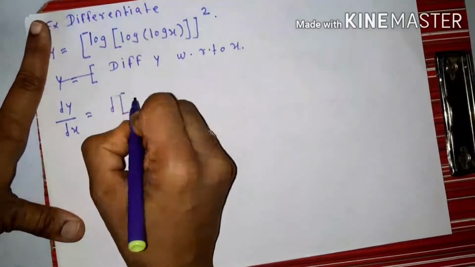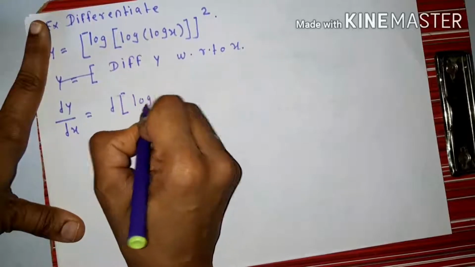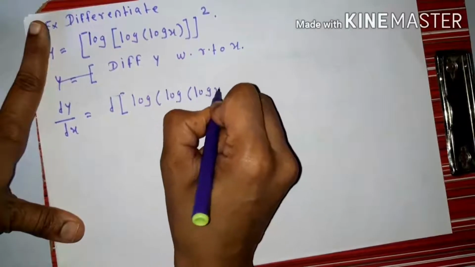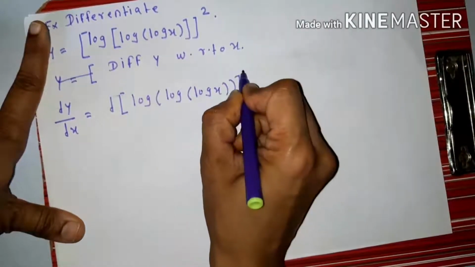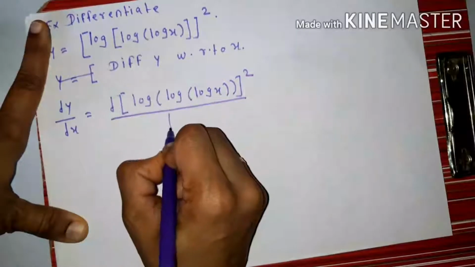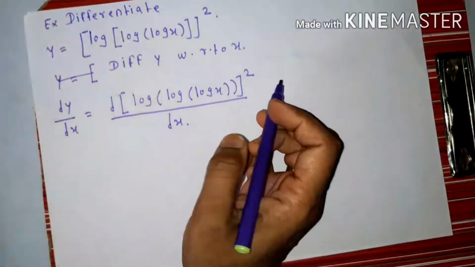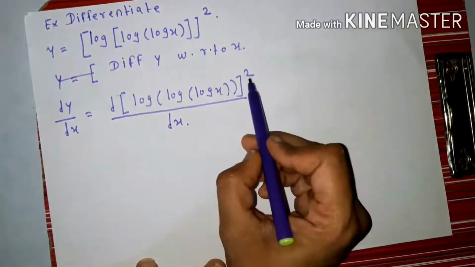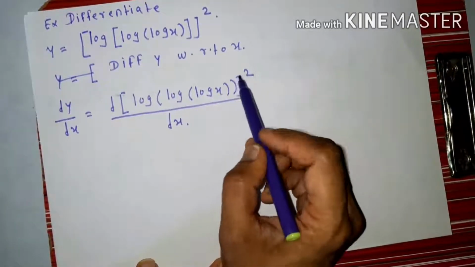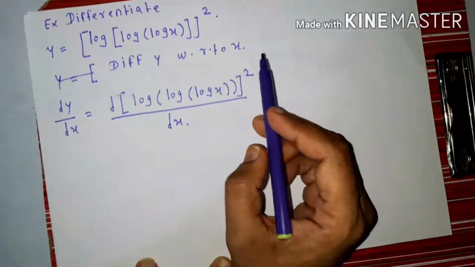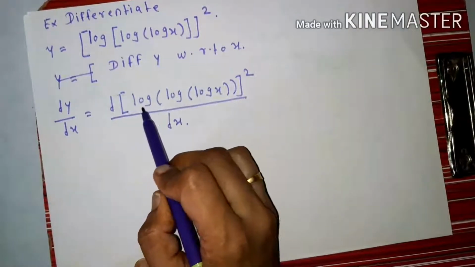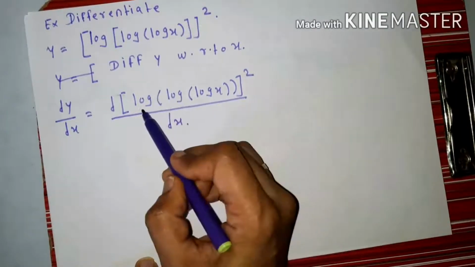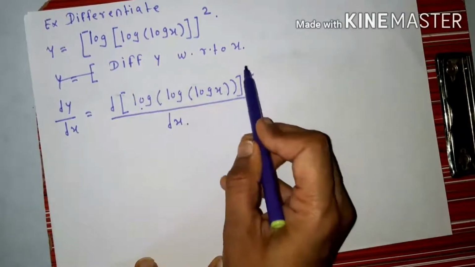differentiation of log x whole square with respect to x. So students, if you understood the last problem, जर मागचा प्रॉब्लेम तुम्हाला समजला असेल तर हा लगेचच तुमच्या लक्षात येईल की इथं डिफरन्सिएशन ऑफ लॉग एक्स होल स्क्वेअर. मग डिफरन्सिएशन घेताना आधी आपण लॉगचं नाही घेणार, या सगळ्यांची पॉवर 2 आहे.